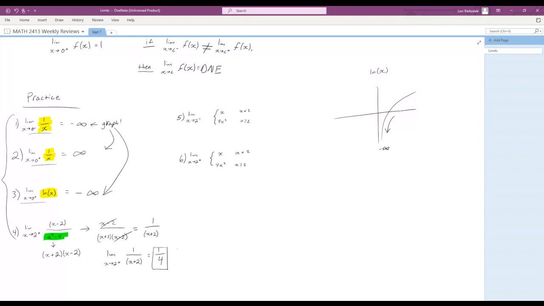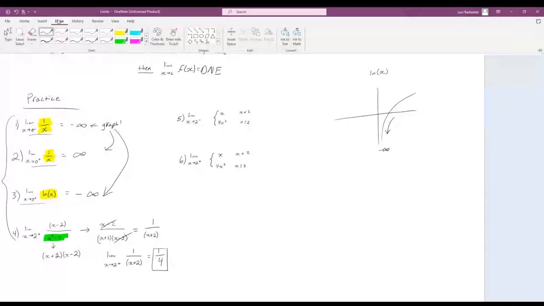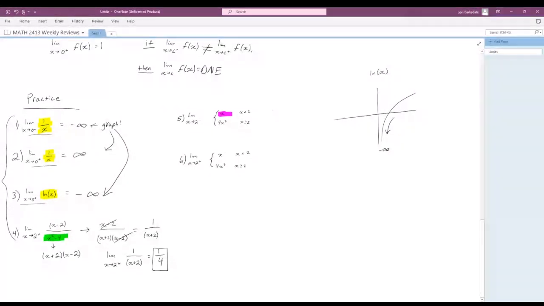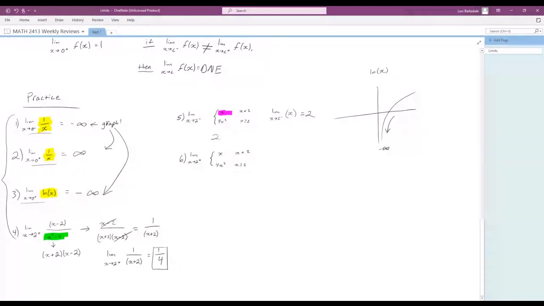Well, your reasoning is actually correct. You said we're looking at the top. If we're coming from the negative, we only care about the top function. But it's just x, right? So it'd just be 2. Then we would just ask, well, what's the limit as x approaches 2 from the negative side of x? And well, that's really easy. 2. Okay. What about the second one?